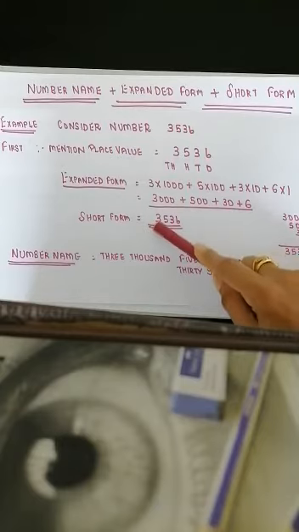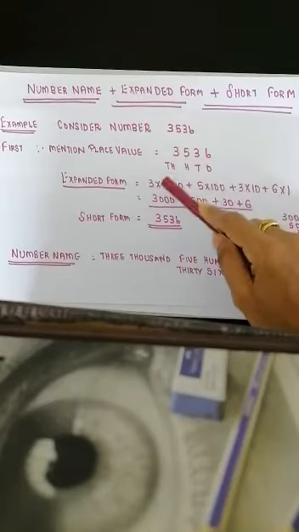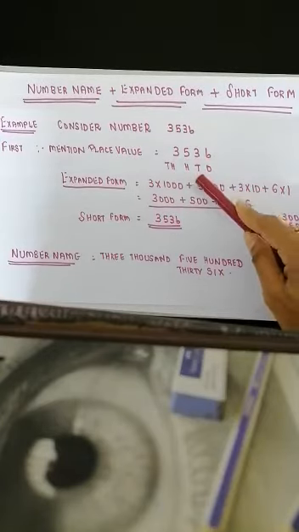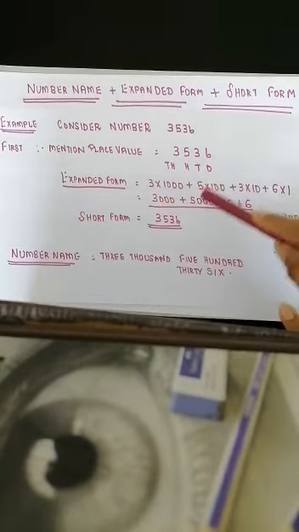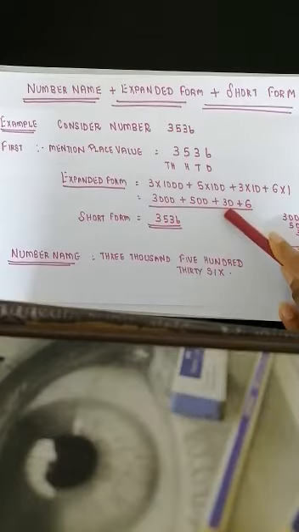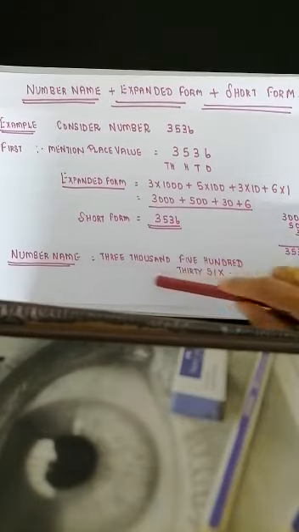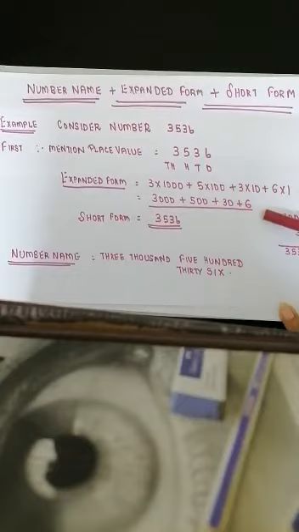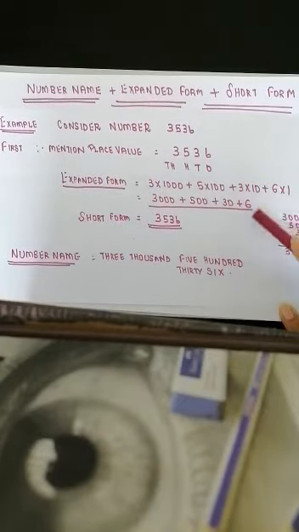As you read, 3 in the thousand place. 3,536. Just read the expanded form. When you have any confusion to write the number name, just read out the expanded form.